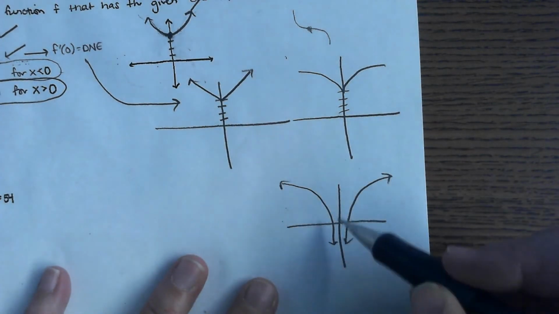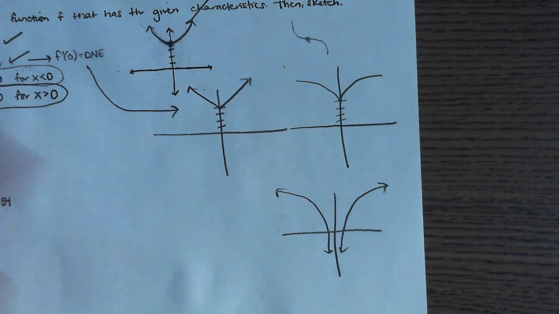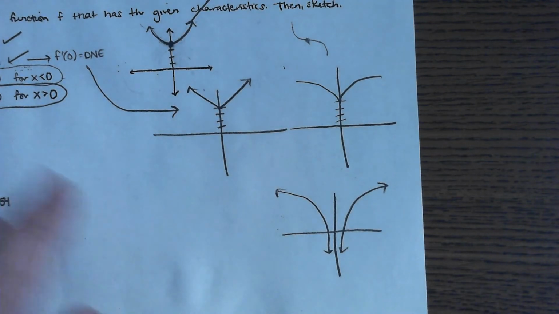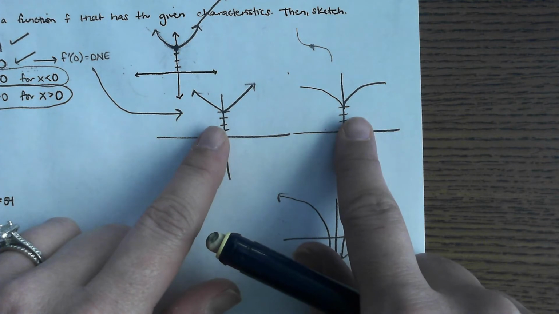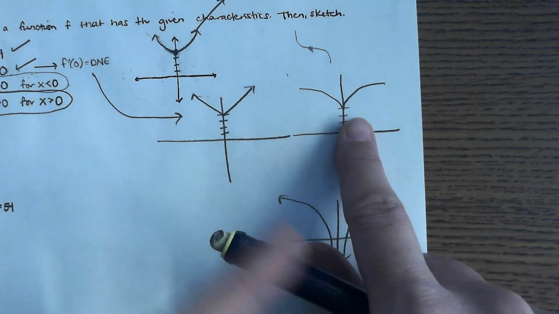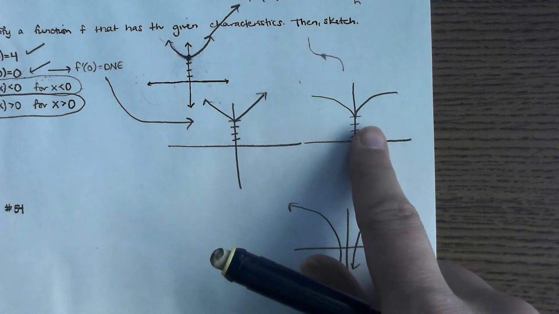But again, we can all agree that right at 0, the derivative doesn't exist, namely because the graph doesn't exist. In these other two examples, the derivative doesn't exist even though the function itself does. The derivative does not because it comes to a point. Does that make sense?